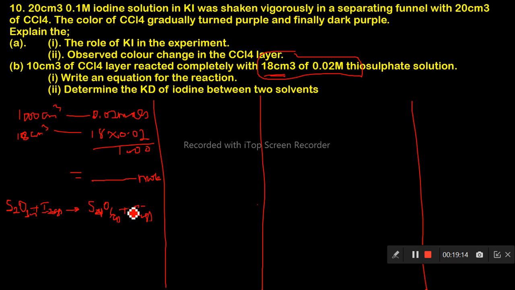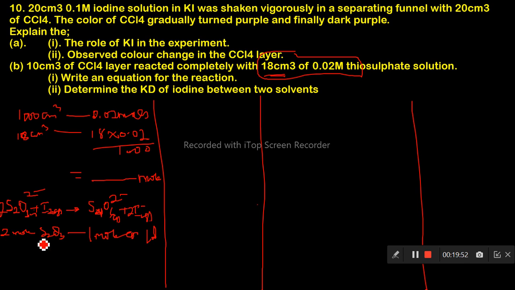So if you are to balance, we shall need a 2 here. There is 2 minus and 2 minus, so we shall need a 2 on iodide ions and a 2 on thiosulfate. So from this equation we can see that 2 moles of thiosulfate react with 1 mole of iodine. It is as simple as that.